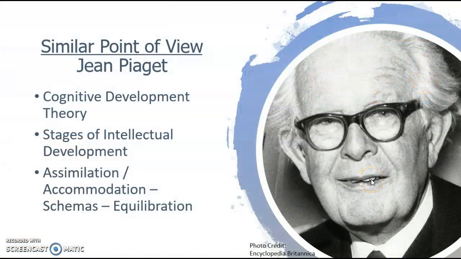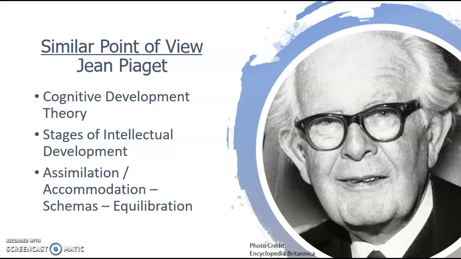Jean Piaget of Switzerland from the late 1800s is somebody who had some similar ideas to Vygotsky. He was known for the cognitive development theory. Piaget was one of the first to acknowledge that children think differently than adults. In the past, children were thought of as little adults. He recognized that intelligence grows with individuals, and children go through stages of intellectual development.